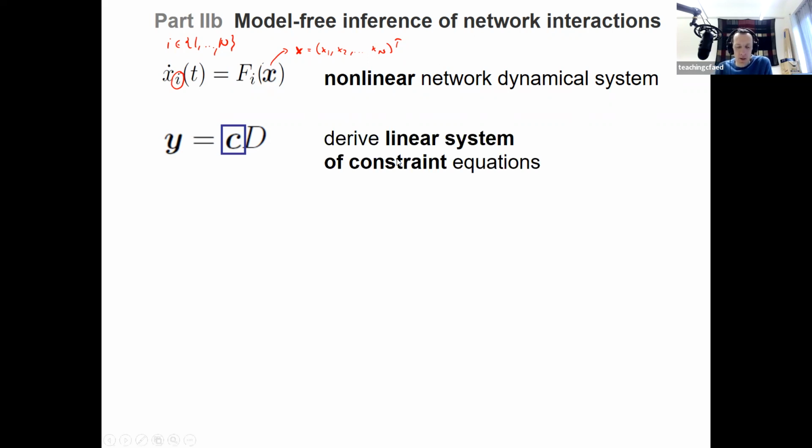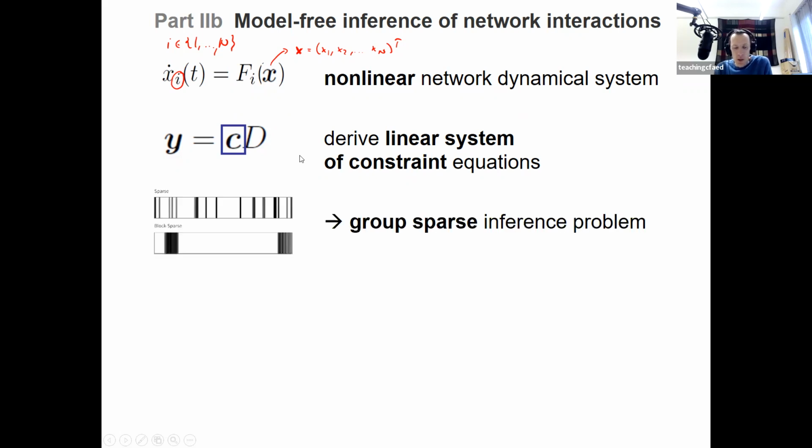Can we write it down as a system of linear equations where the unknowns are some coefficients c, which is in general a matrix? And it will turn out, and I'll explain why, this is not a sparse problem in general, like some links are present, some are not, but mathematically it is more involved. It's a block sparse problem.